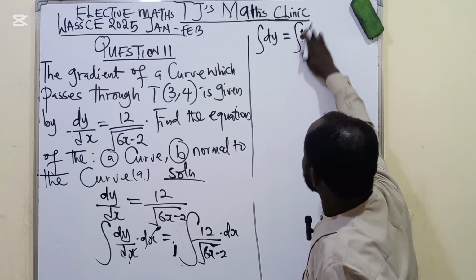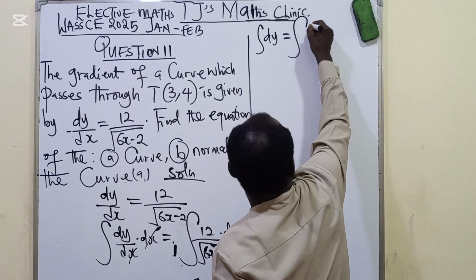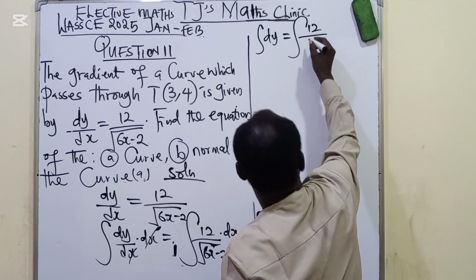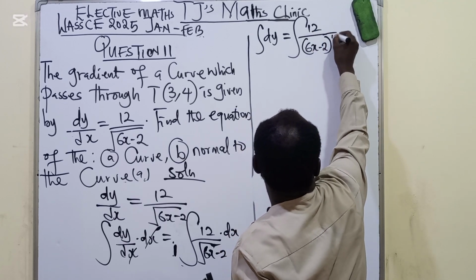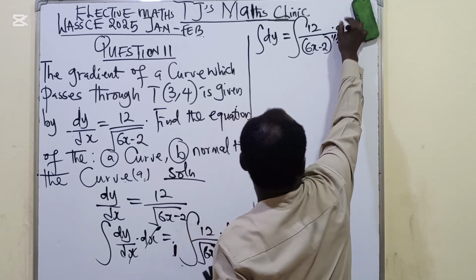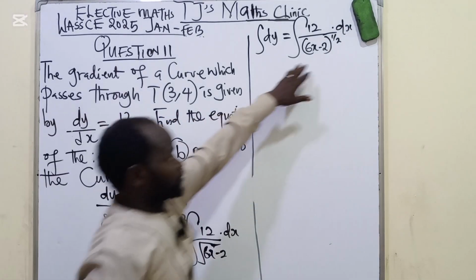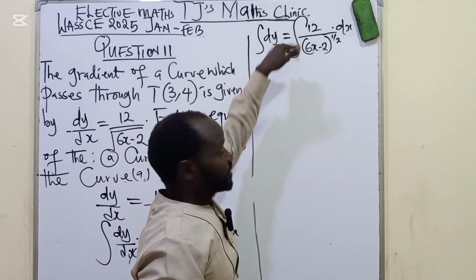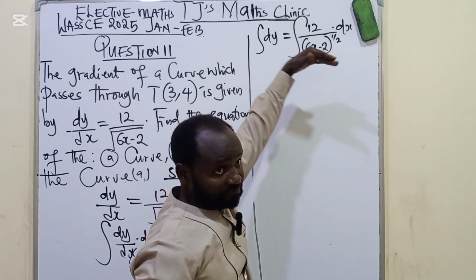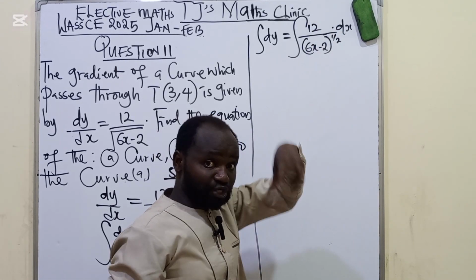We can write this as the integral of 12 divided by (6x minus 2) power half with respect to dx. Let me concentrate on the right hand side. Anytime you are asked to integrate a rational function, where we have a numerator and denominator, you have to check the denominator.